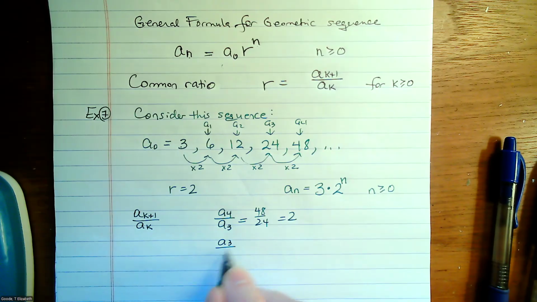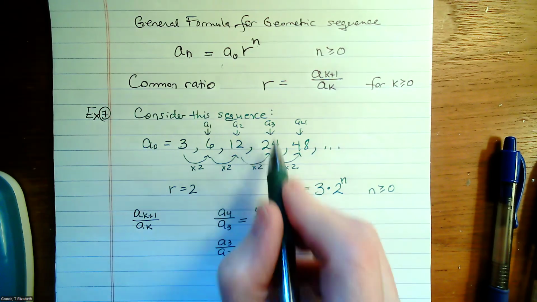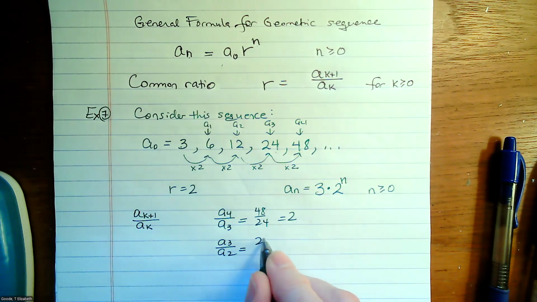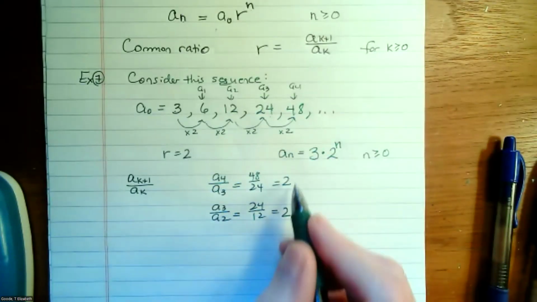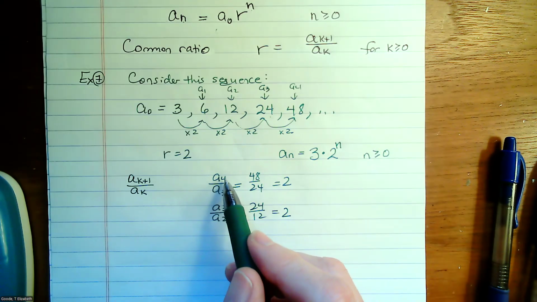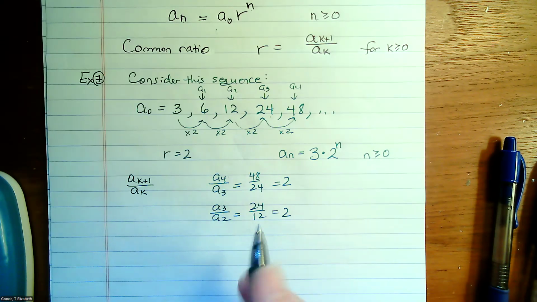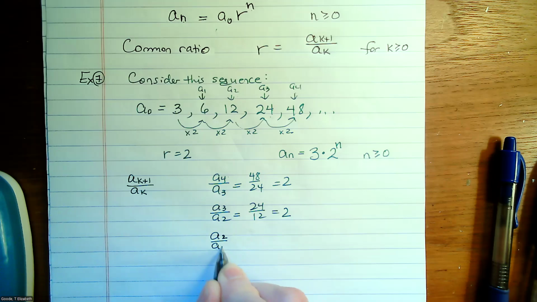We'll look at a sub 3 divided by a sub 2, that's 24 divided by 12. See what I mean? That's why it's called a common ratio, because it's the ratio of a term divided by the term prior. It'll always wind up being the same value.